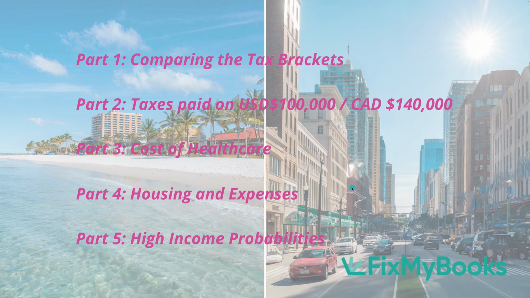So if you haven't seen already, go back and check out the rest so you can actually see the different tax brackets, the taxes that you're actually going to pay on this 100,000 or 140,000, factoring in the cost of healthcare between the two countries, as well as housing and other expenses and the variability and optionality that occurs there. And then obviously you've just watched the high income probabilities, and you've seen that you've got a much higher probability to earn higher income in the US than you do relative to Canada.